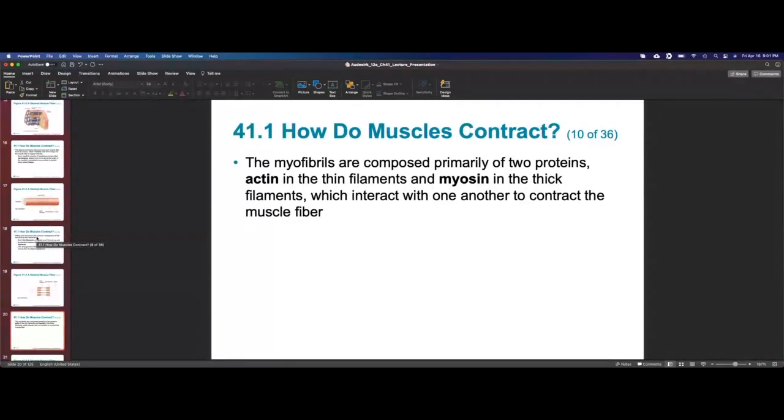In the myofibrils, you're going to see two main kinds of proteins, actin and myosin. Actin can be found in the thin filaments and myosin in the thick filaments.